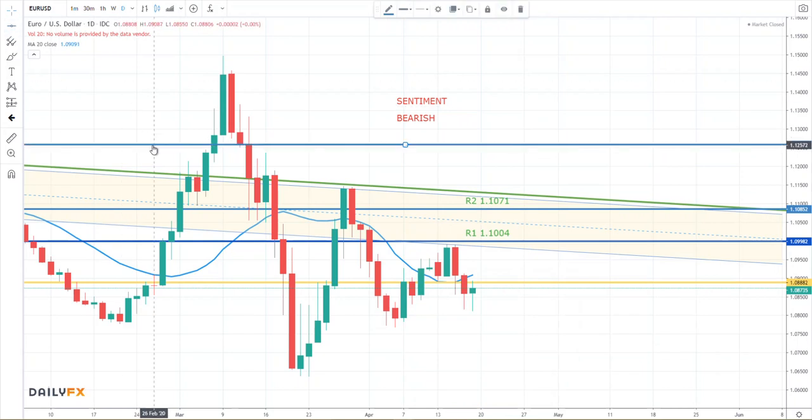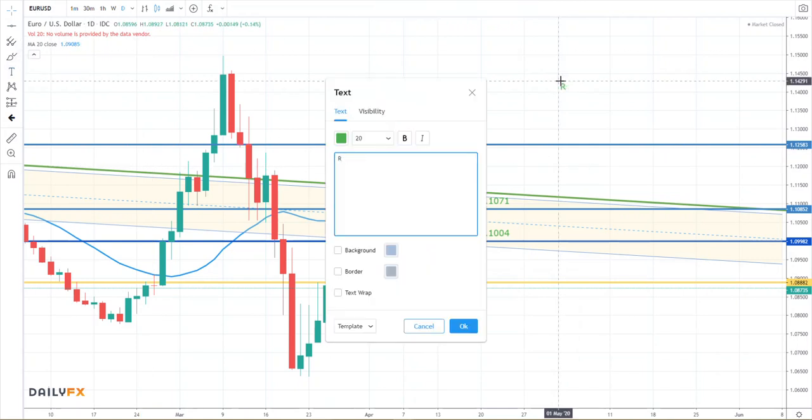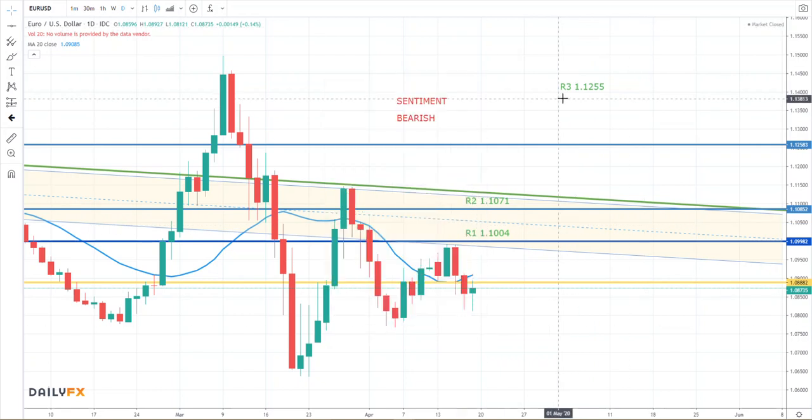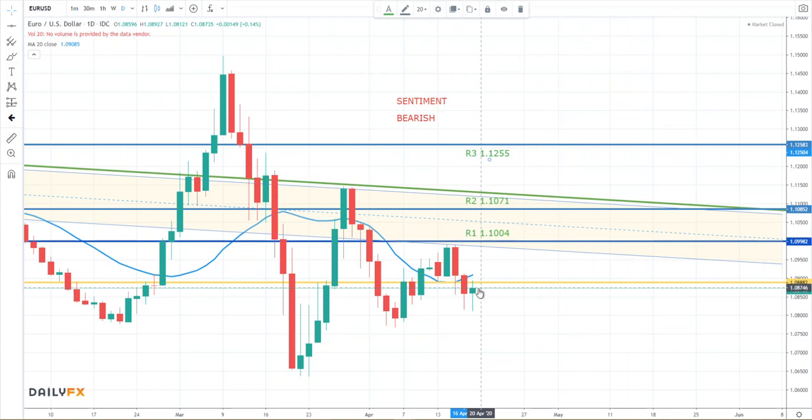But I would encourage you not to think about R3 or S3 until 1 and 2 have been tested and broken. When you're thinking about whether to make a buy and cash out for pips, think about whether you can hit R1.